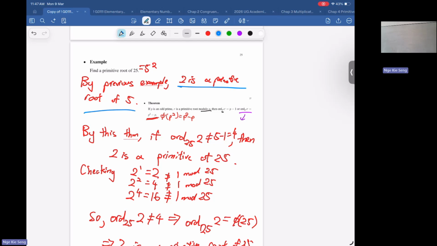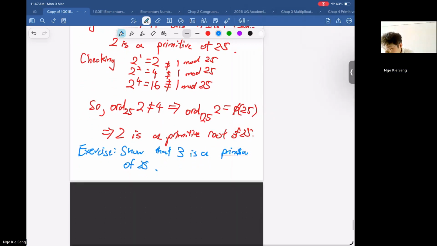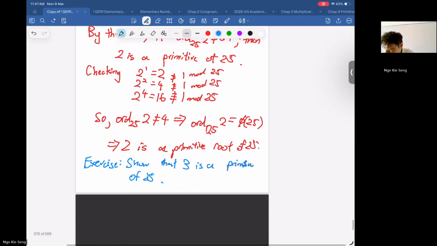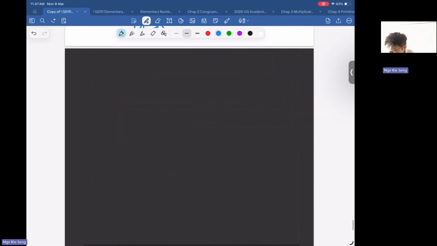Any question? Should I write it down? Okay. So the strategy is like this.